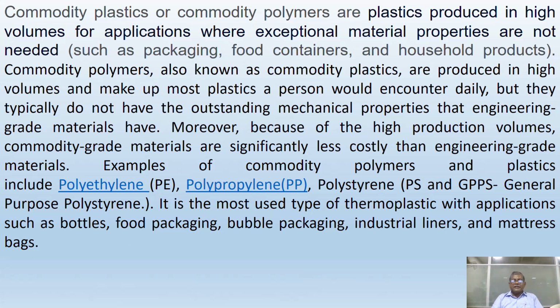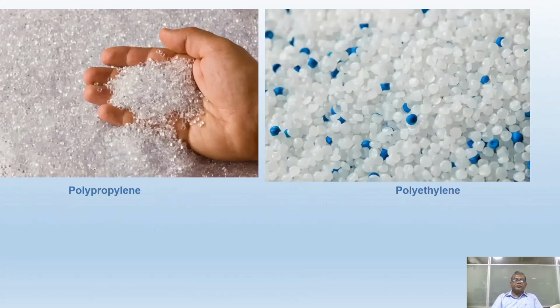So thermoplastics are mostly used in production of plastic bottles, food packaging, bubble packaging, industrial liners, and mattress bags. Here you can see these granules of polypropylene and polyethylene.